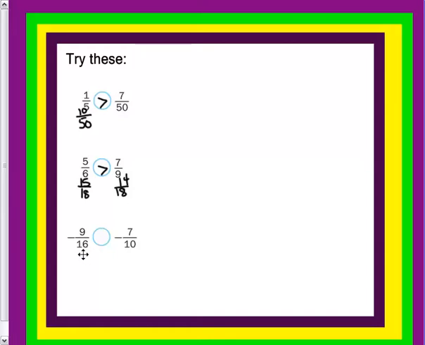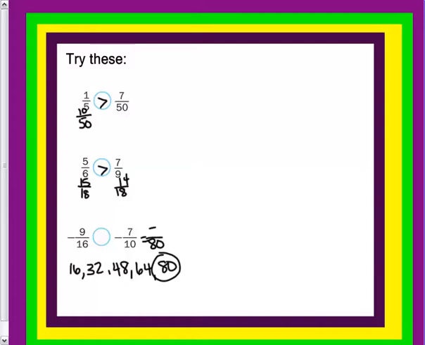And over here, we've got 16 versus 10. You know what? If you think that it's easier to just go through and write out the common denominators, that's fine on this one. So when I go through, here's the multiples of 16. I know 80 is going to be shared because 10 clearly is divisible by 80.